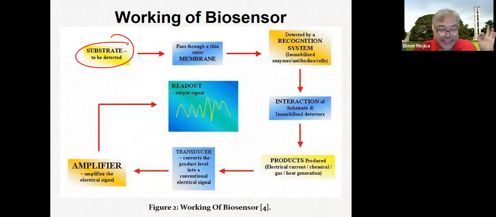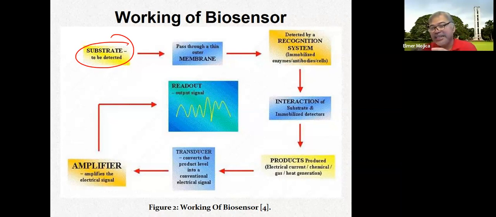Okay, now what happened? This reaction or interaction, okay, there's an interaction of the substrate and the immobilized detector. So this interaction changes the physicochemical properties of your transducer surface. So it could be products that produce electrical current, chemical gas, or heat generation. Now, everything would happen on what? The transducer. Okay?